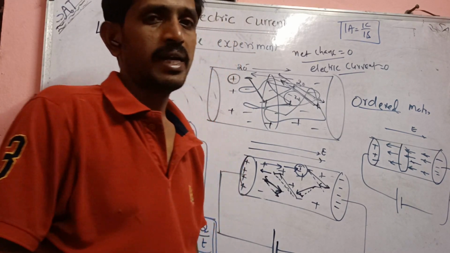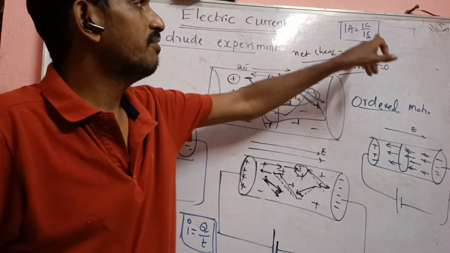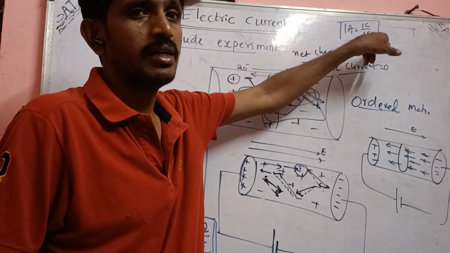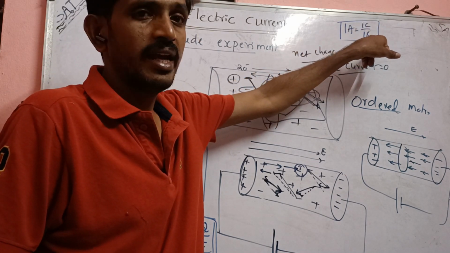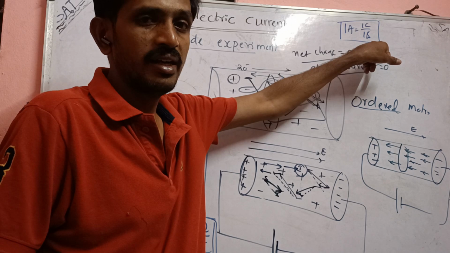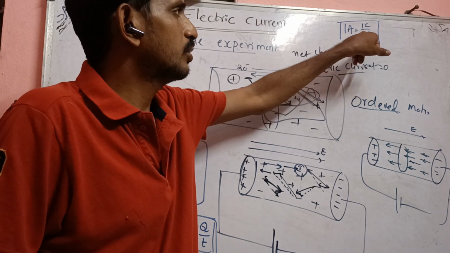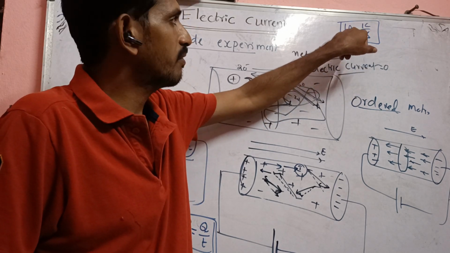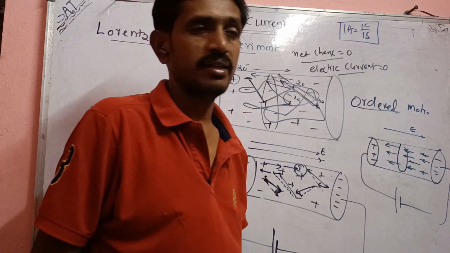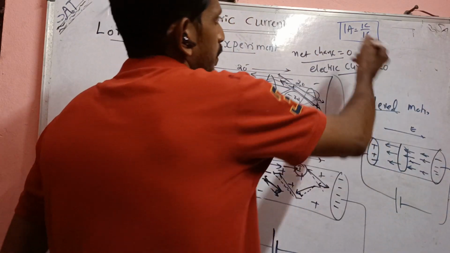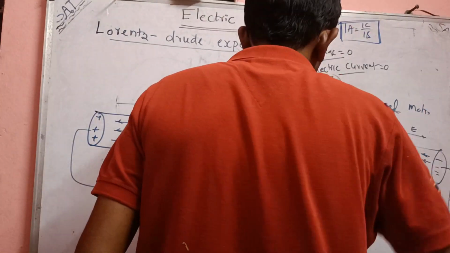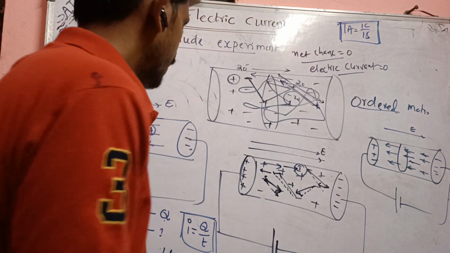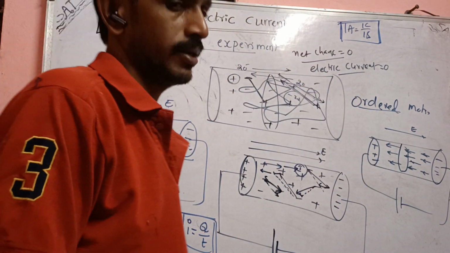If 1 coulomb of charge passes across a cross section of any conductor in 1 second, then 1 ampere of current is passing in that conductor. That is the 1 ampere definition. This is an important thing we need to remember.